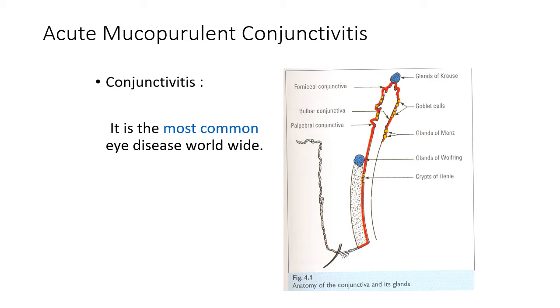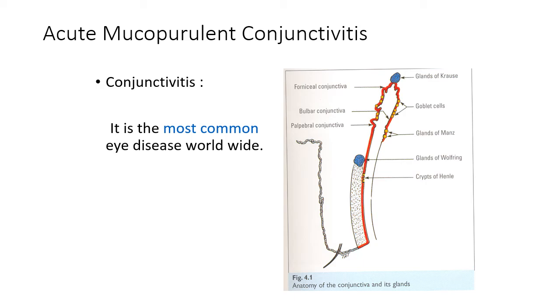Acute mucopurulent conjunctivitis. In this picture you can see the palpebral conjunctiva, then the tarsal conjunctiva, orbital conjunctiva, fornicial conjunctiva and bulbar conjunctiva. All these parts get inflamed because of the insult, because of the bacteria.